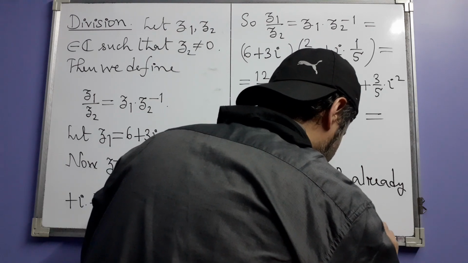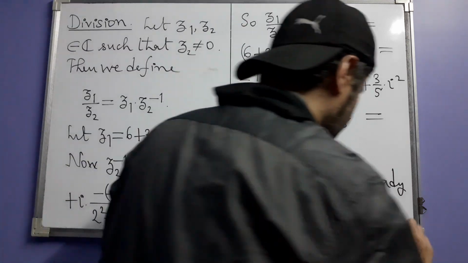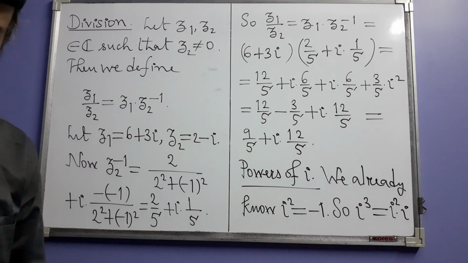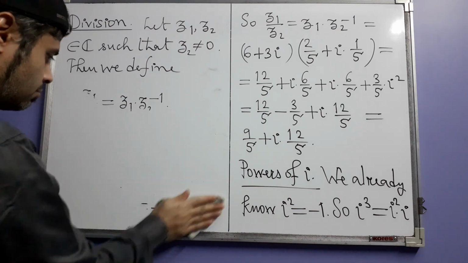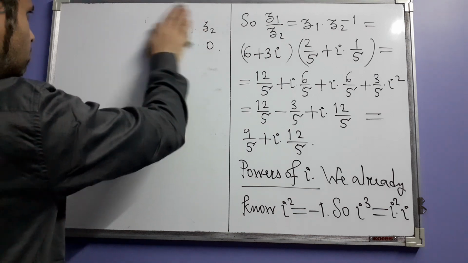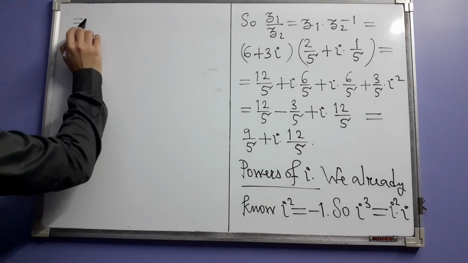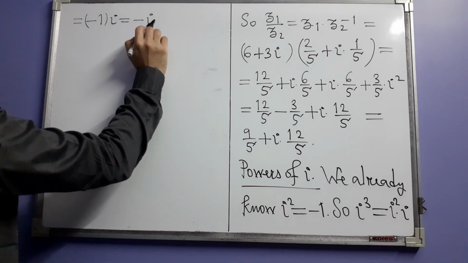So, what can we now say about i cube? i cube, of course, by definition is i square times i. However, i square is minus 1. So we will get minus 1 times i, so this is minus i.